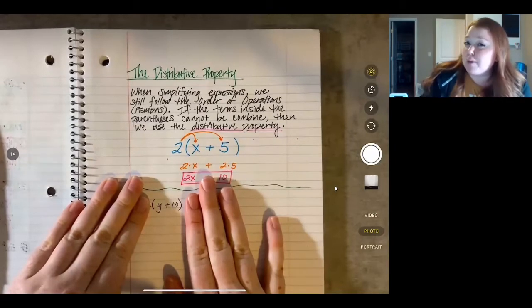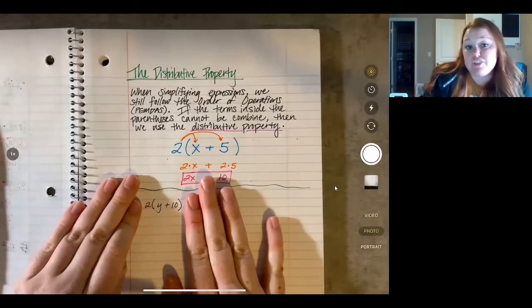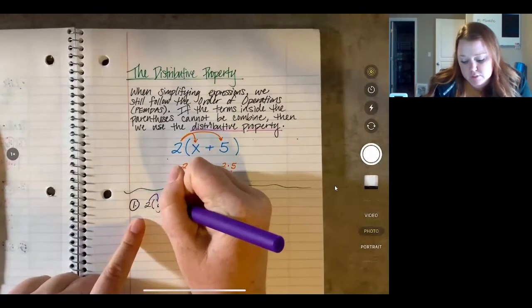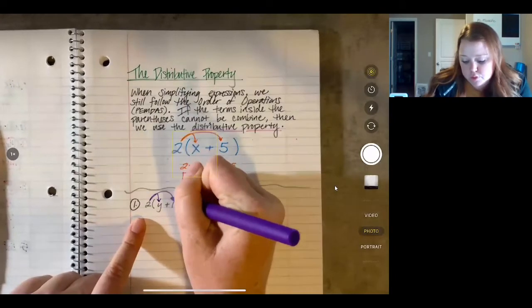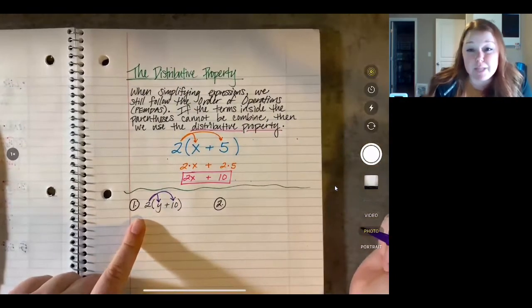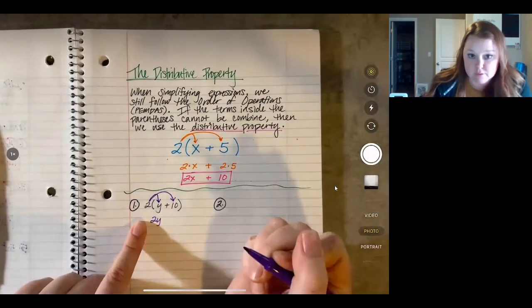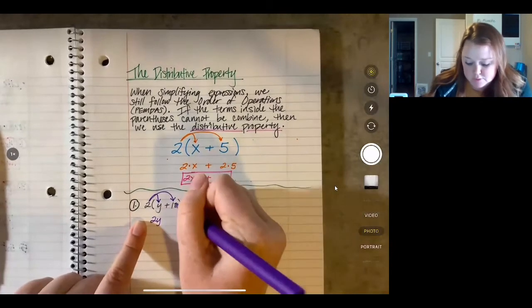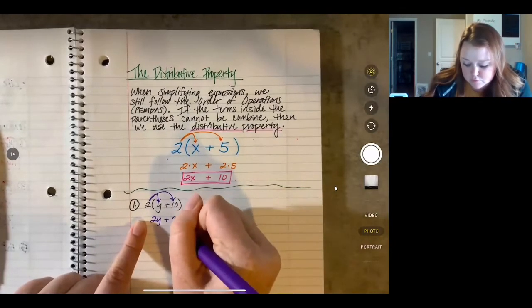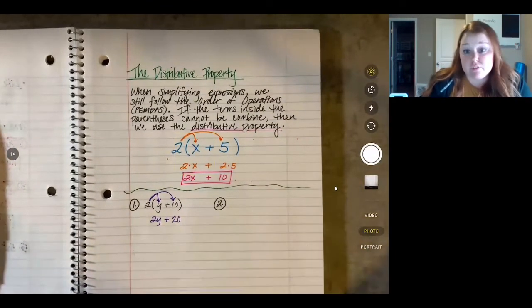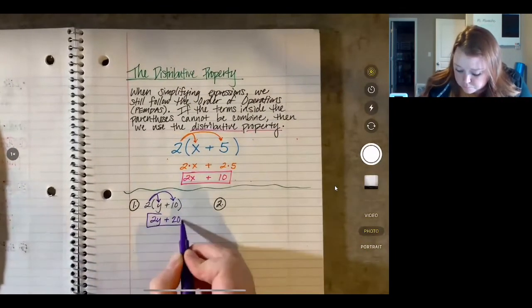So then I check to see what's out front. There's a 2 being multiplied by the set of parentheses. So I take that 2 and I distribute it to both terms. It gets multiplied to both terms on the inside. 2 times y is 2y. 2 times positive 10 is positive 20. So I have 2y plus 20. Those are not like terms, so I'm done.